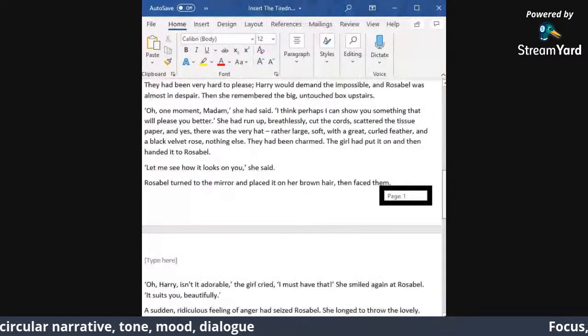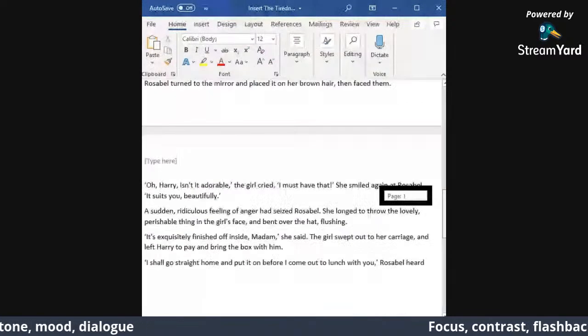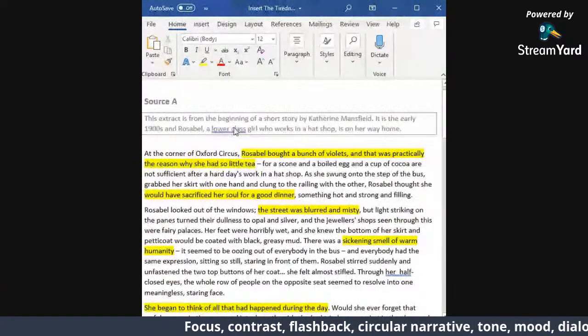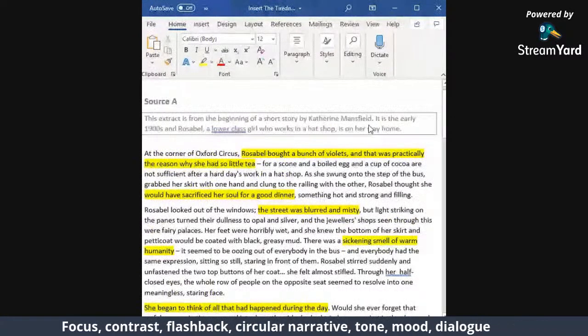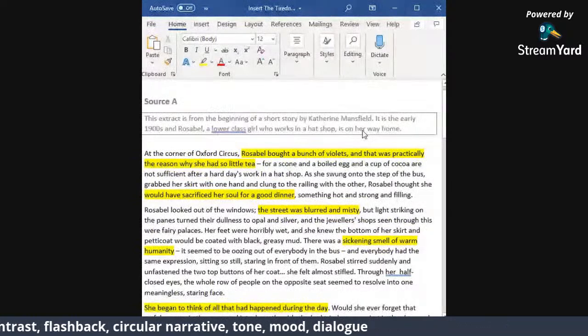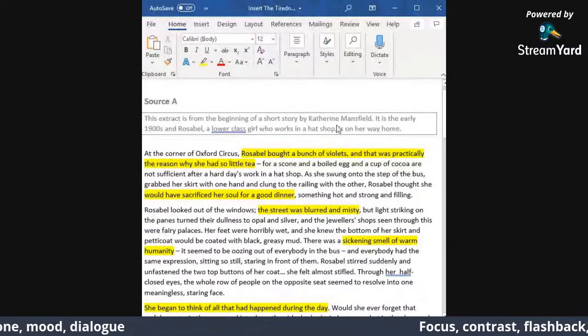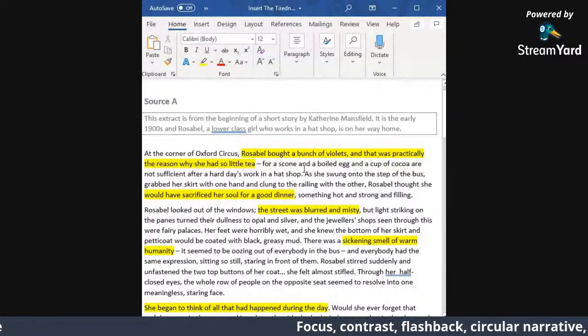But I just wanted to go back to a point we made. The story starts at the end of her working day. So the hat girl Rosabelle is on her way home. That's one thing, but she also is particularly hungry.